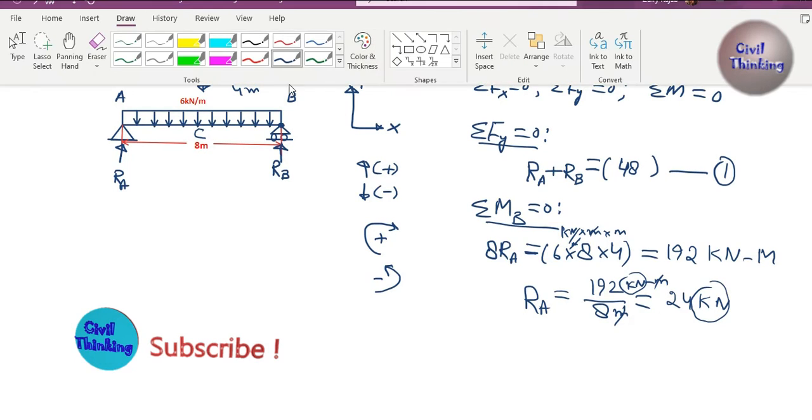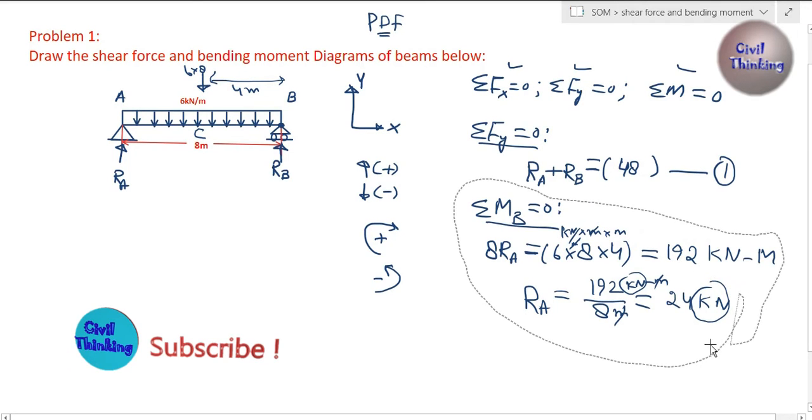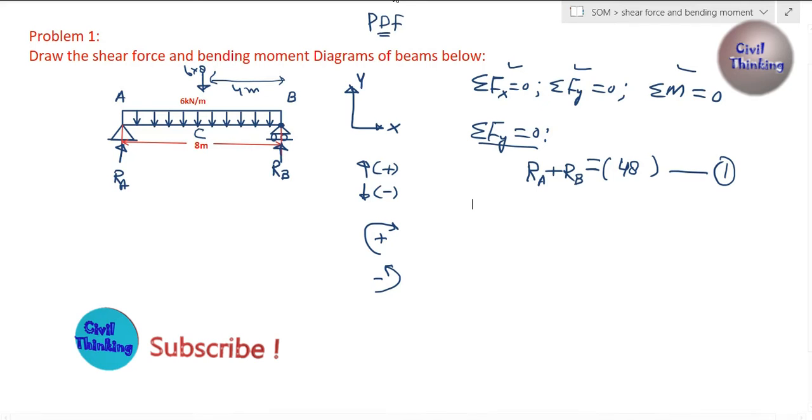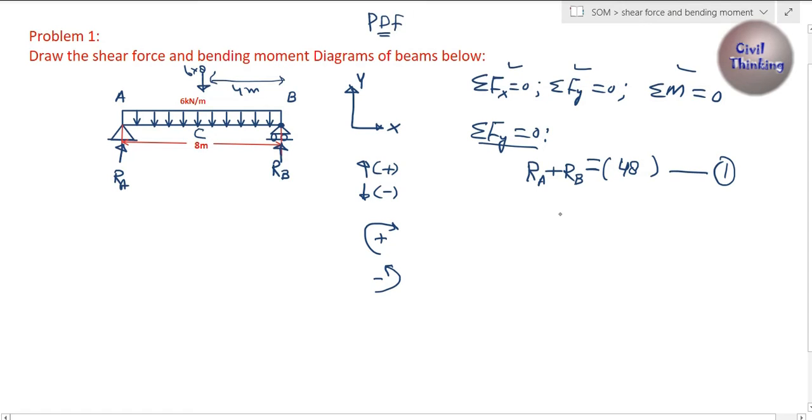So let me erase this, and remember the value of RA is 24 kilonewton. This is RA, 24 kilonewton, and this is 48 kilonewton. Now from this equation, RA 24 plus RB is equal to 48.